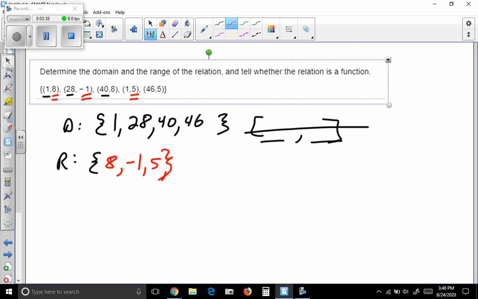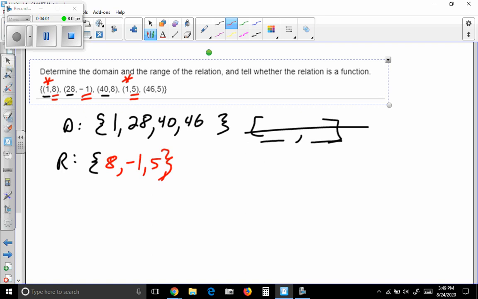And then it asks, is it a function? On the test, I might say, what makes it not a function if it's not a function? So 8 is used here and here, but that's not a problem. 5 is used here and here. That's not a problem. The problem is here.